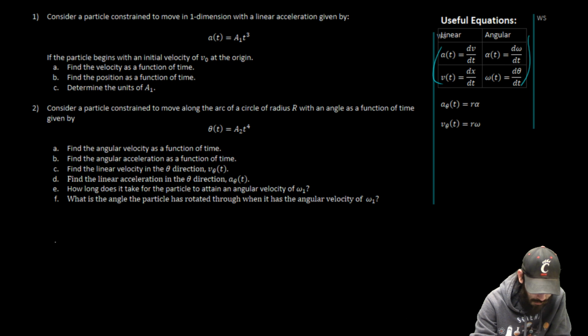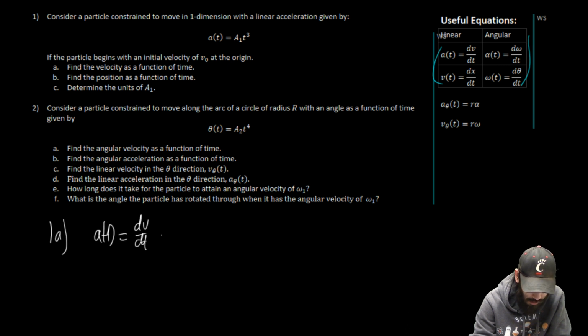So what we're going to do for 1a is we're going to say that a of t is equal to dv dt, which is going to be equal to a1 t cubed. And we want to find this v here. In order to do that, we multiply both sides by dt. So we have dv equals a1 t cubed dt.